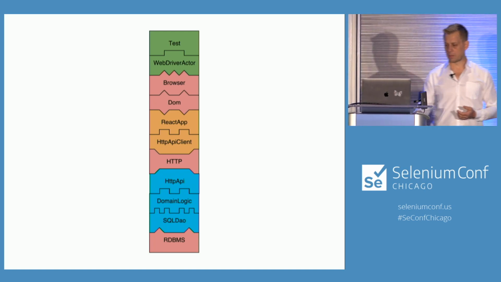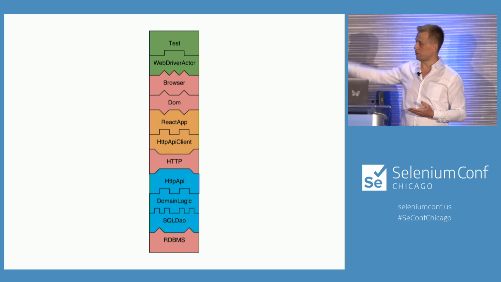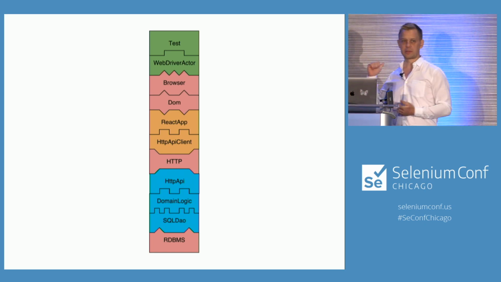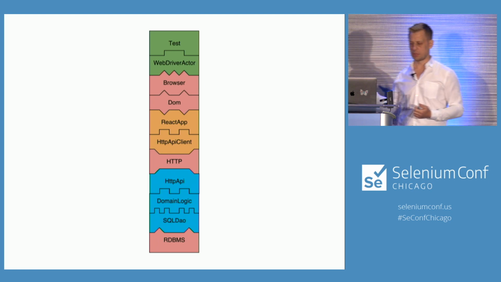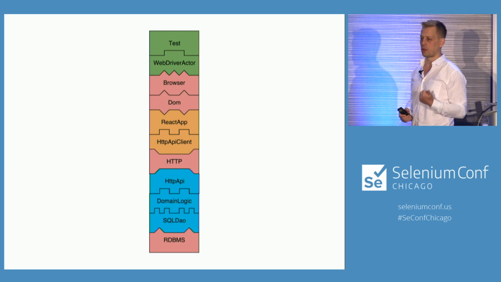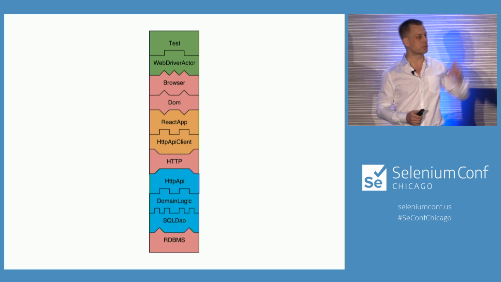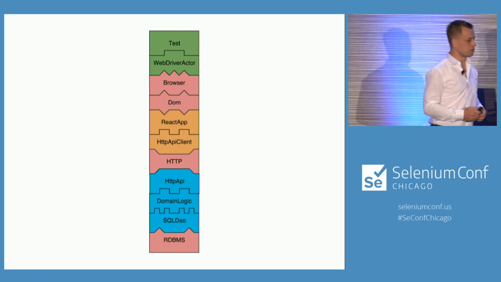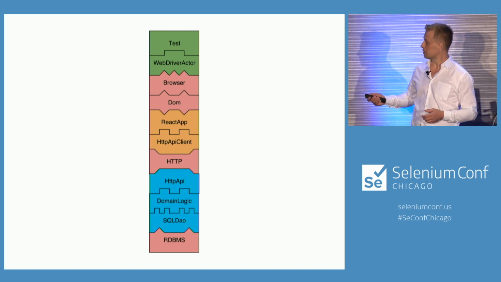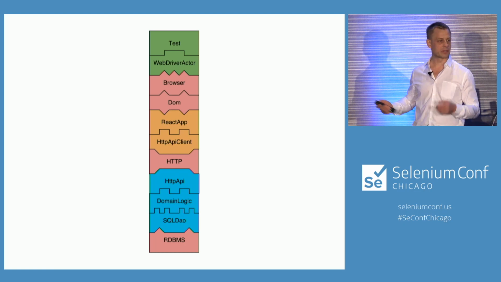Okay? Now, what's the main reason this is slow here? Is it because we're sleeping, or is it because we're I/O bound, or is it because we're CPU bound? I'd say most of the time it's because we're I/O bound. Right? There's lots of networking in the stack here. If you look at the top, from your test to Selenium, there's networking.